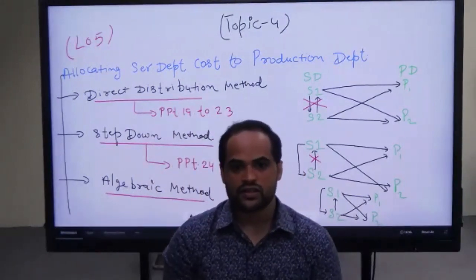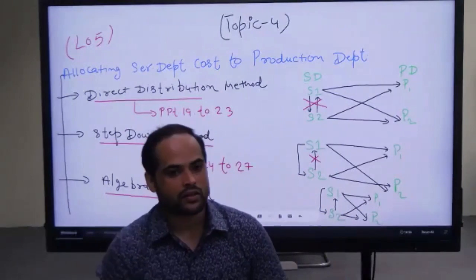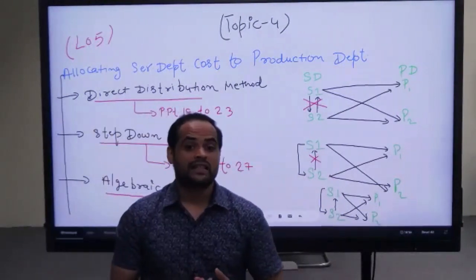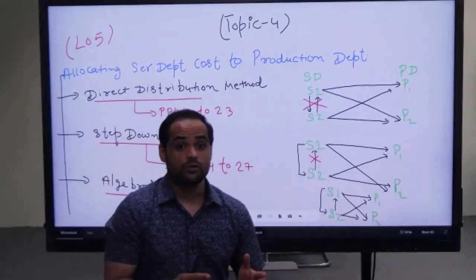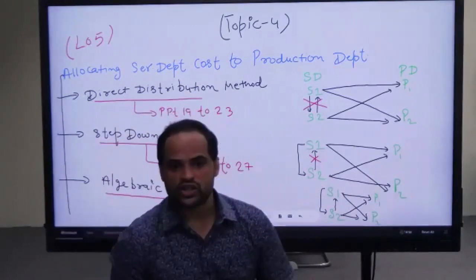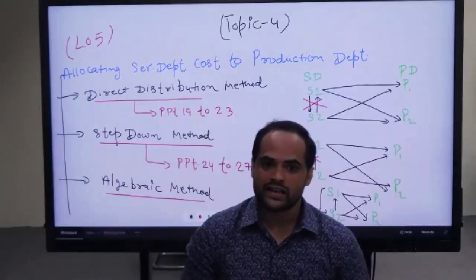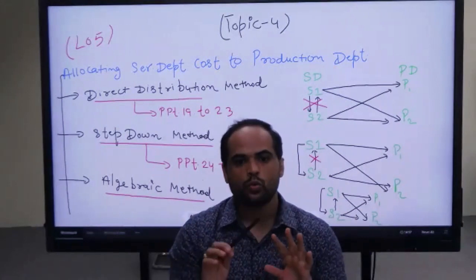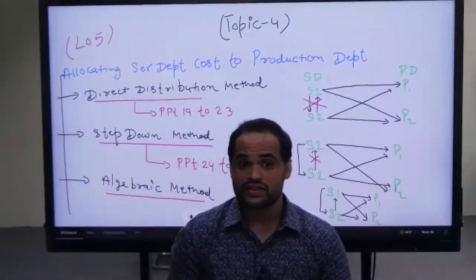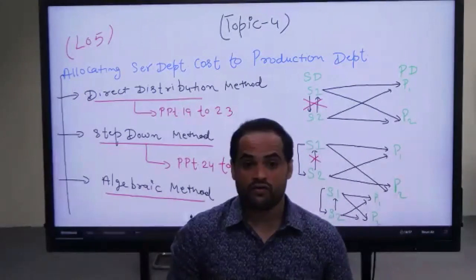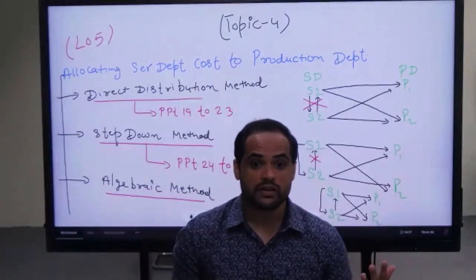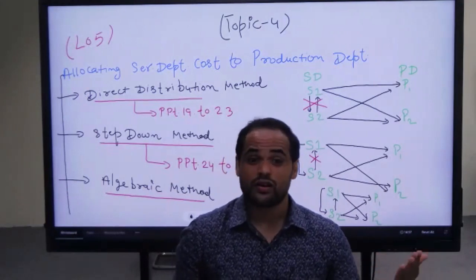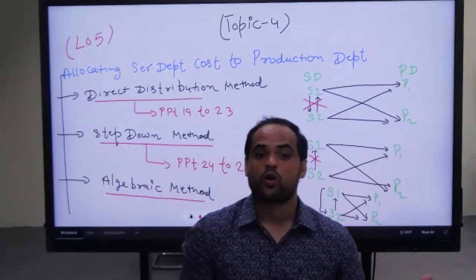In this particular situation, we apply the algebraic method. We do not apply direct distribution or step down method. If you apply direct distribution or step down method, your allocation will be wrong. As a result, the total cost of one product will be wrong. So the cost is wrong, profit estimation will be wrong, and of course the budget is wrong. The budget is wrong, the company will make wrong decisions.